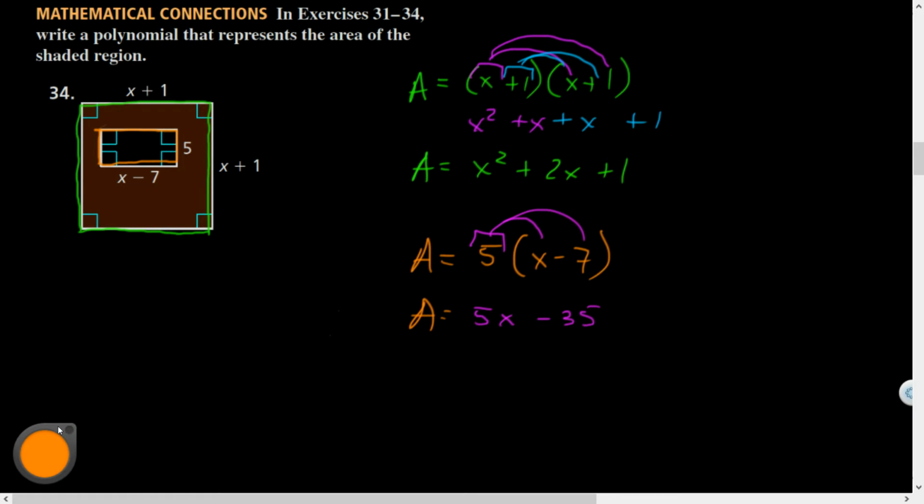And so the area of the shaded region, I'll shade it in like this, I guess, is going to use a property, a principle, a postulate called the area addition postulate.